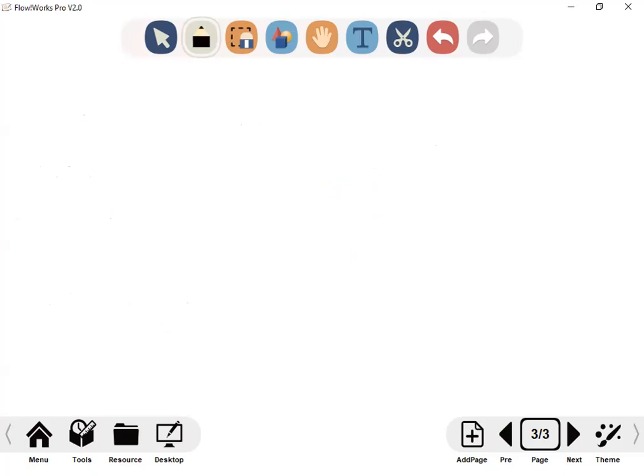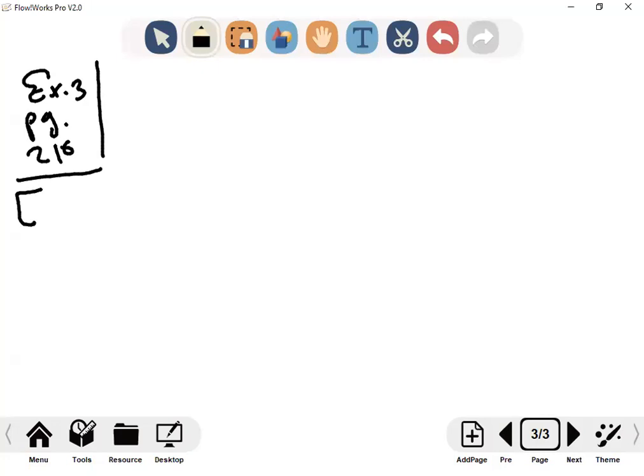Example 3. We are on page 216. In example 3, we need to evaluate. Evaluate what?